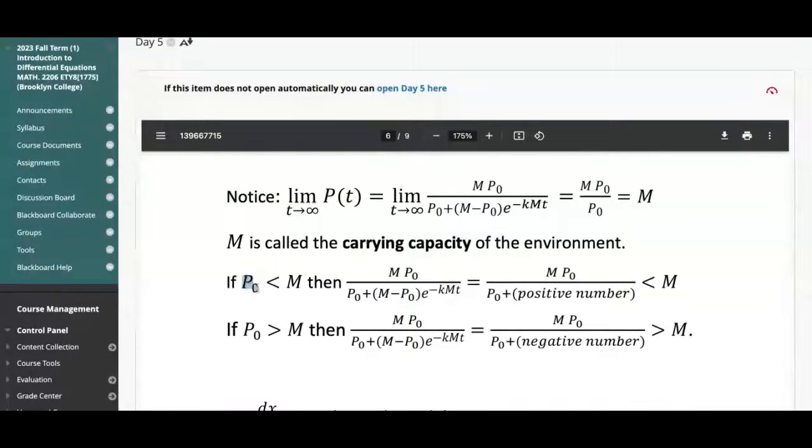If P naught, the initial population, is less than the carrying capacity, then of course we have this, right? Less than M. And if the initial population is greater than the carrying capacity, that's chaotic, right? Ideally, you know, we want a balance.